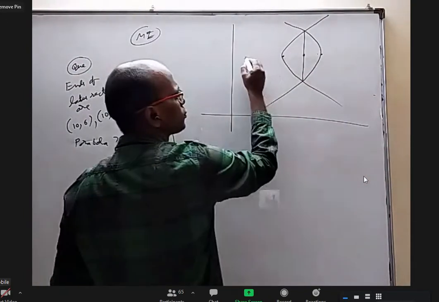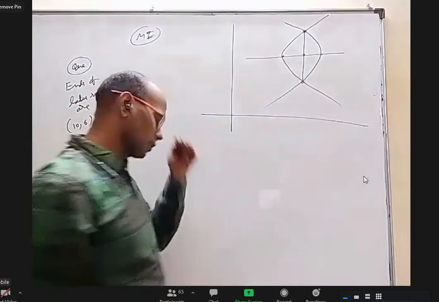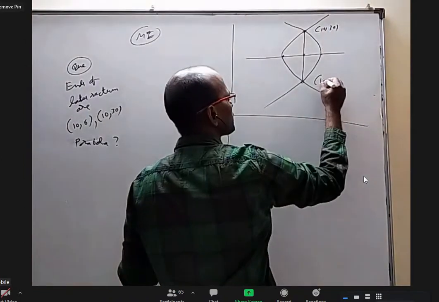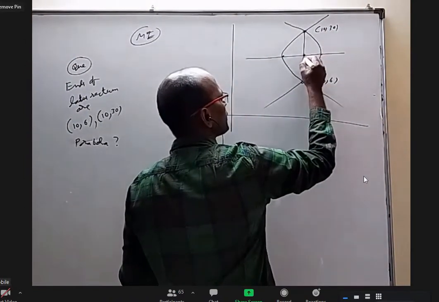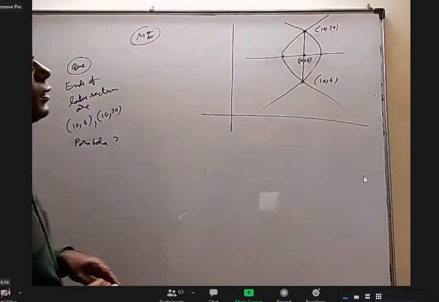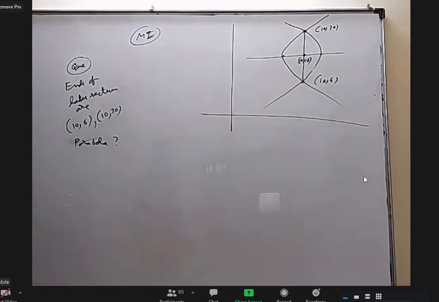Yeah, definitely there are two parabolas with these two as ends of latus rectum. One like this, one like this. This is (10, 30). This is (10, 6). So the midpoint is actually (10, 18). Now, if you can find vertex, I think you're able to tell the parabolas.